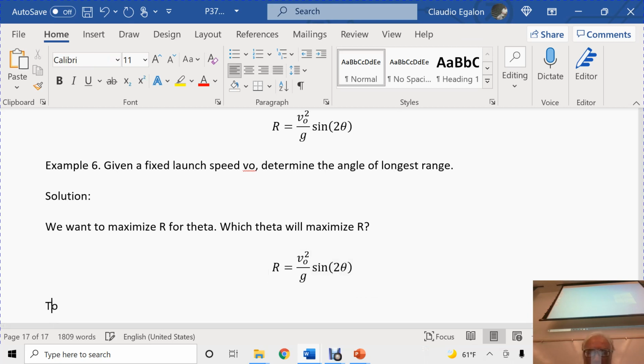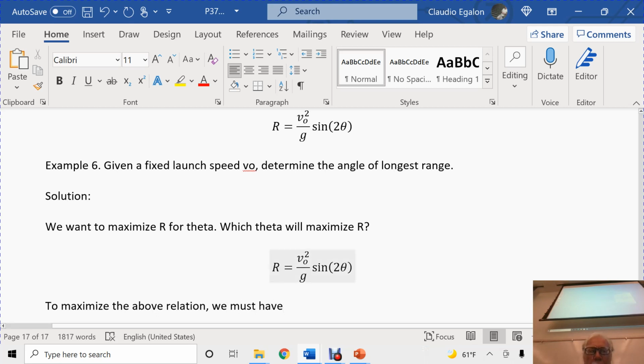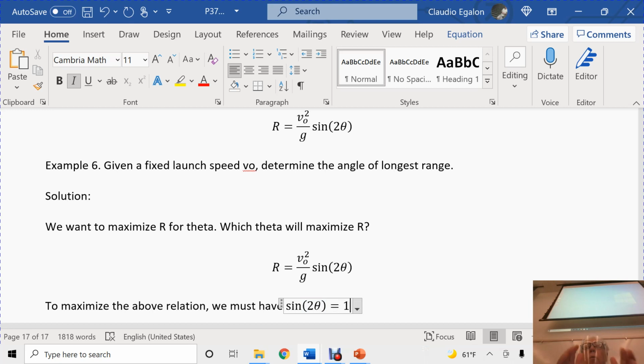To maximize the above relation, we must have sine of 2 theta equal to 1. You already know that's 45 degrees, right? Now I'm going to prove mathematically that this is 45 degrees.